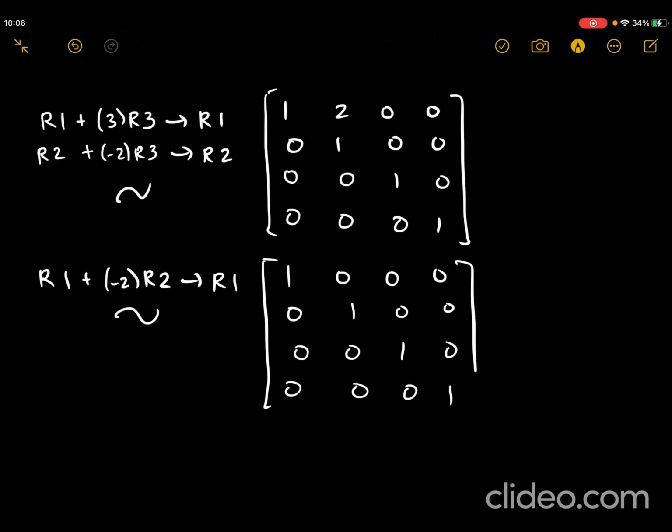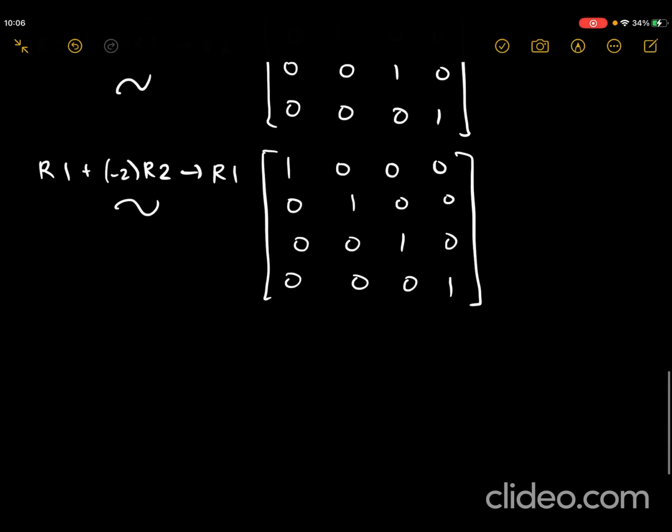And now we obtain a matrix that is in reduced row echelon form, which is row equivalent to A, and thus we say that this is the rref, or the reduced row echelon form of matrix A.